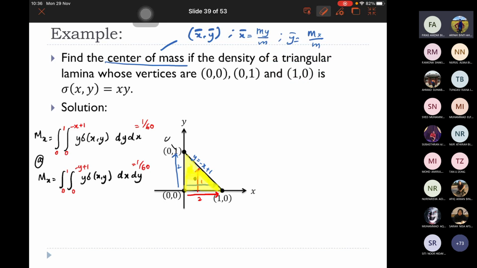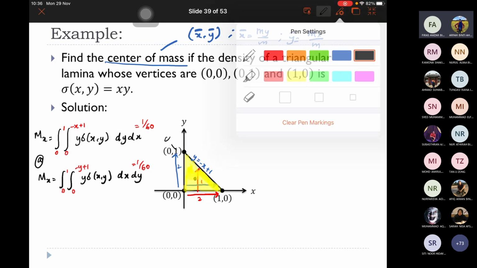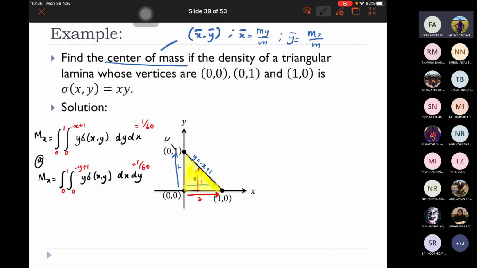Try do the integration. Let's say saya ambil dy dx lah. Mx integration 0 sampai 1, 0 sampai negatif x tambah 1, y darab xy dy dx. Jadi 0 sampai 1, 0 sampai negatif x tambah 1, xy kuasa 2 dy dx.